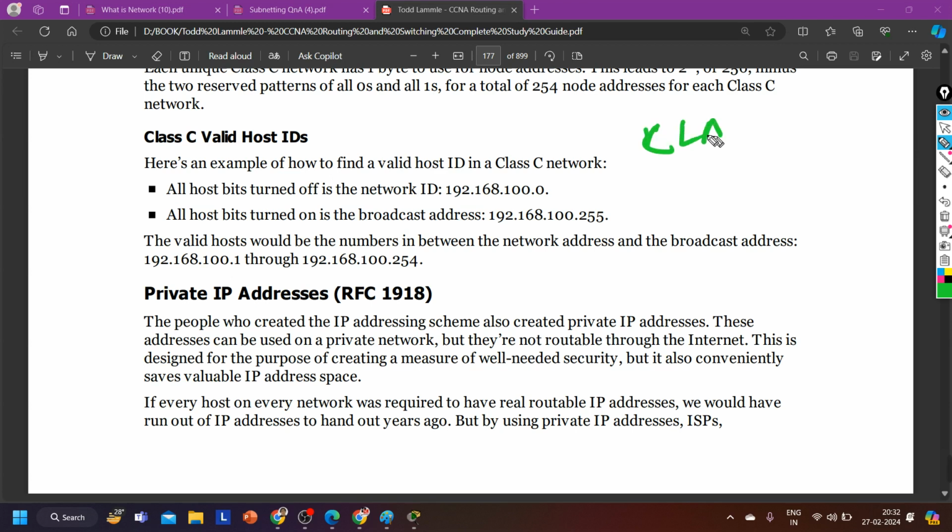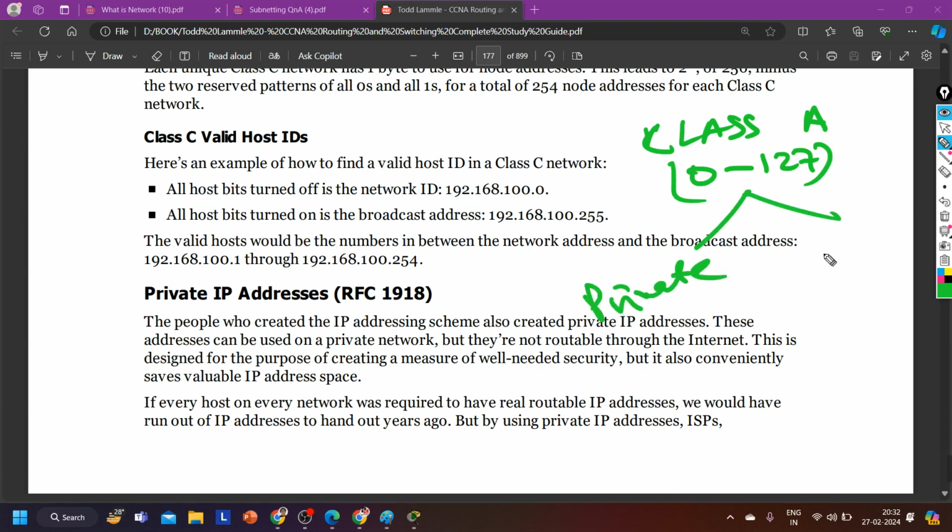Class A IP address range is 0 to 127 in the first octet. Now we have divided this range again into two parts, private and public, so that I can reuse this private IP address.